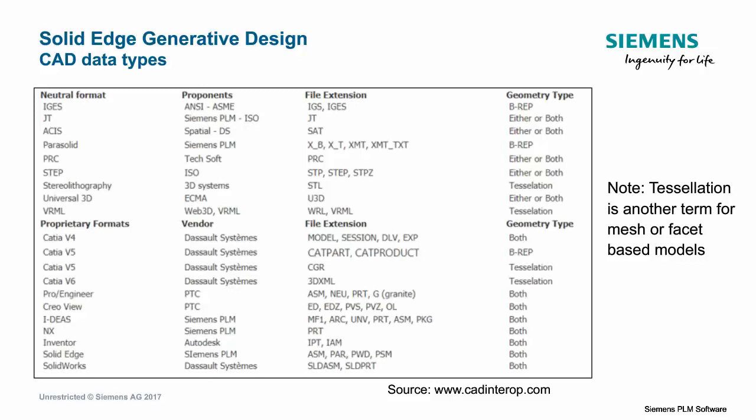STL, which is used to a very large extent today, one example would be to transfer data to 3D printing, is a mesh or tessellation type format. And you can see that most current CAD systems use the BREP format to define their CAD models, but many also support these mesh or tessellated formats.